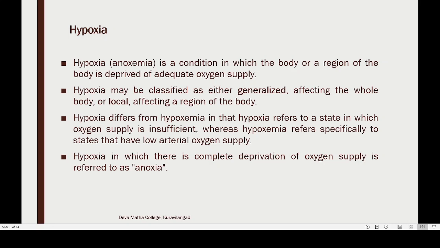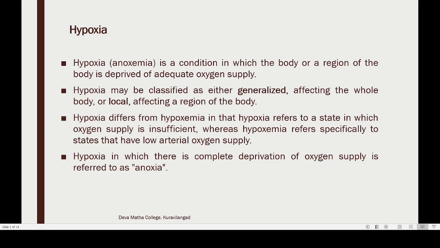So there is some difference. In the case of hypoxemia, the oxygen in the environment may be normal, but the blood is not supplying enough oxygen. That means if a sufficient quantity of RBC or hemoglobin is absent, then blood may not be able to transport enough oxygen. That situation is known as hypoxemia.